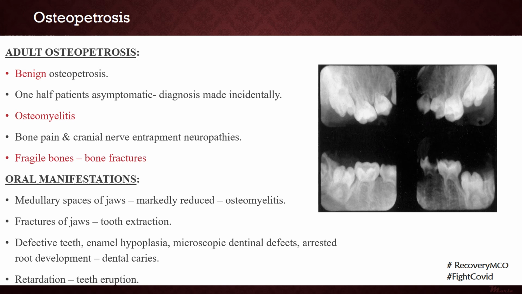Fractures of jaws may be seen, especially during tooth extraction. The teeth may show various defects, including enamel hypoplasia, microscopic dentinal defects, arrested root development, and dental caries. The tooth may also be impacted and fail to erupt into its normal position.